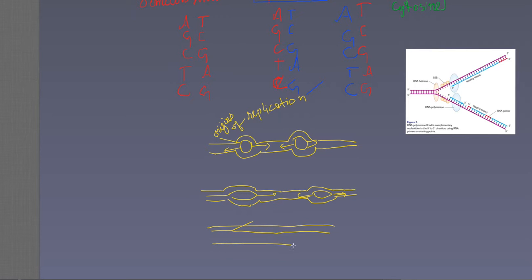Eventually you end up with four strands of DNA. This is actually how the DNA replicates itself.